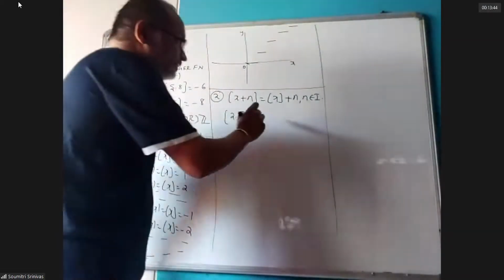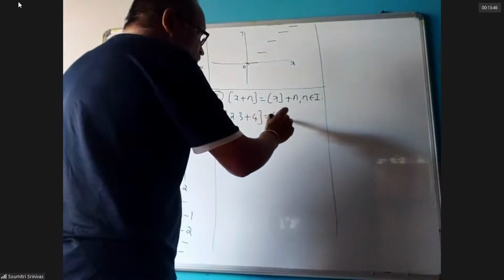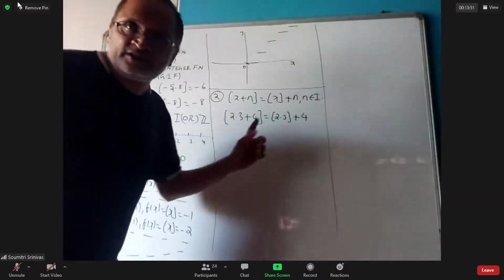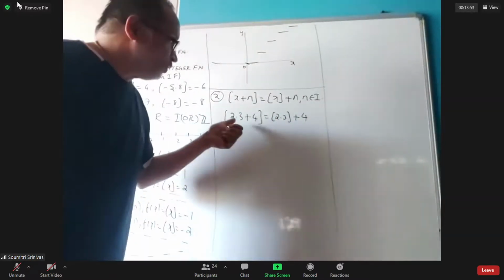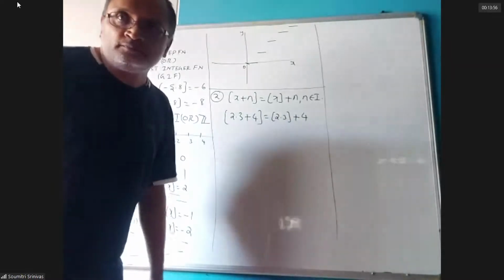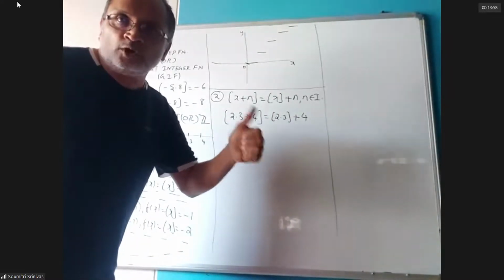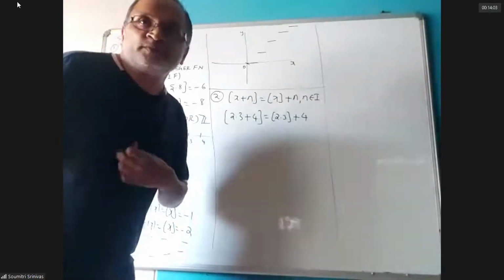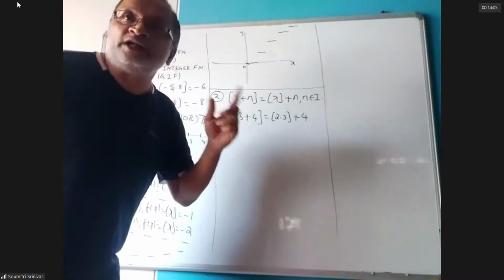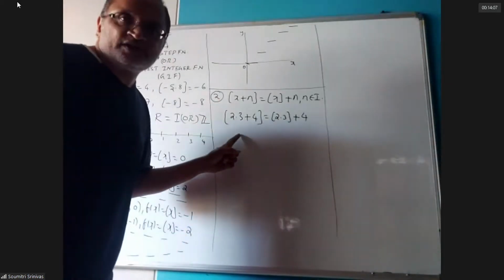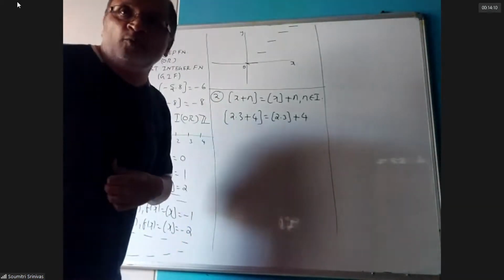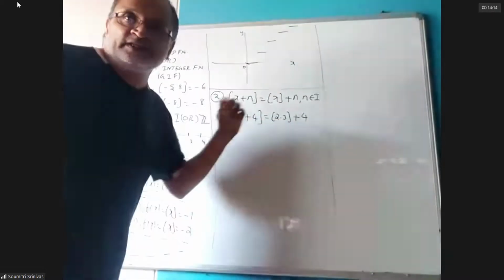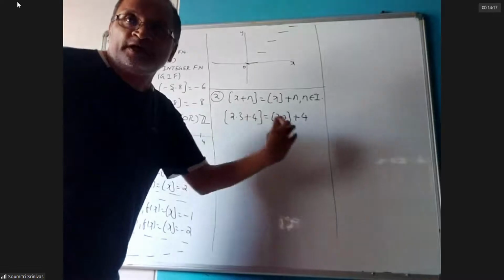Is LHS equal to RHS? Check. What is 2.3 plus 4? 6.3. What is the step of 6.3? 6. What is step of 2.3? 2. Plus 4, 6. Is LHS equal to RHS? Yes.